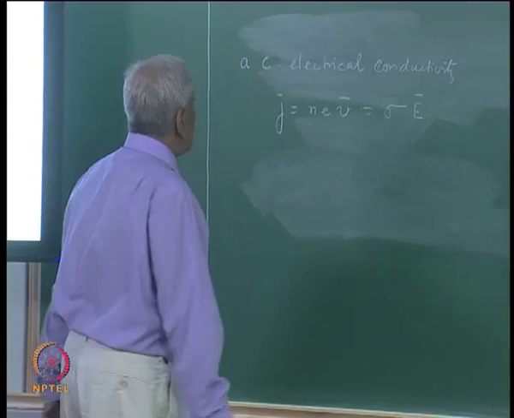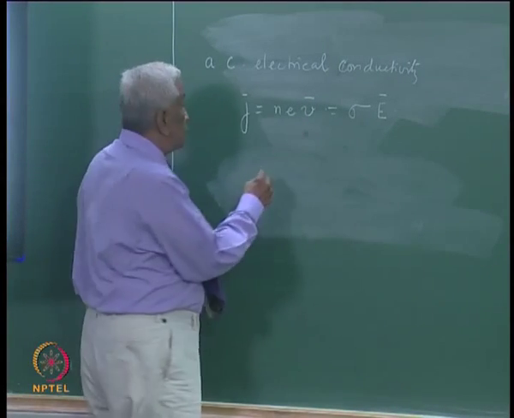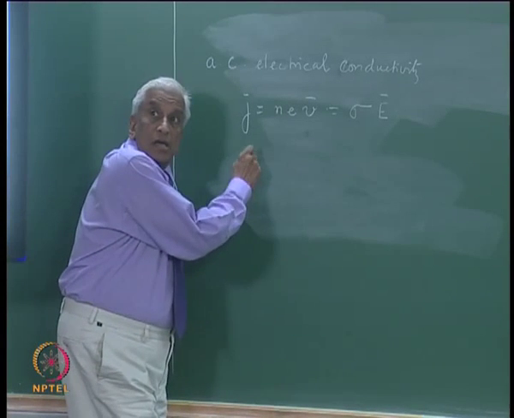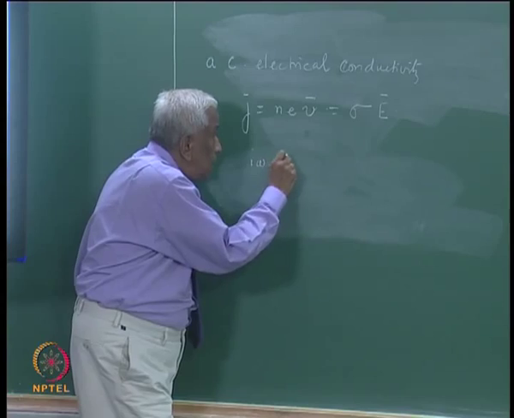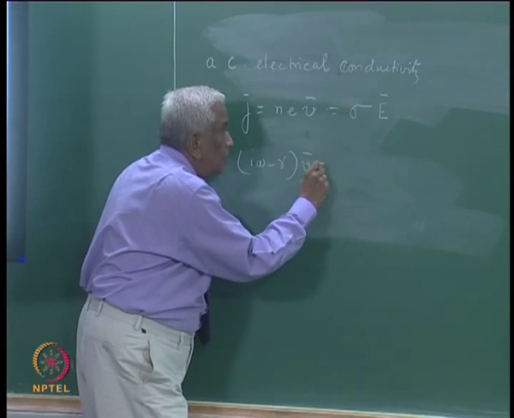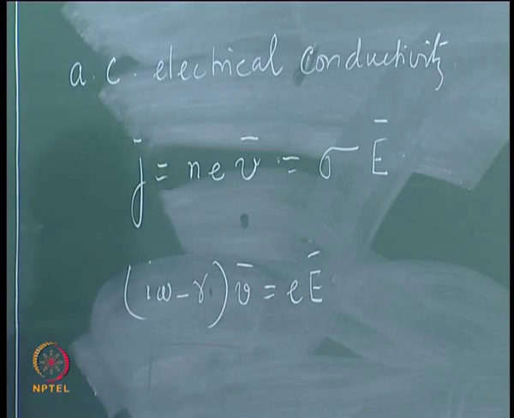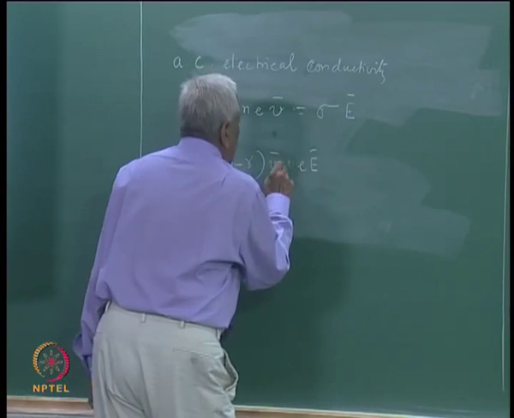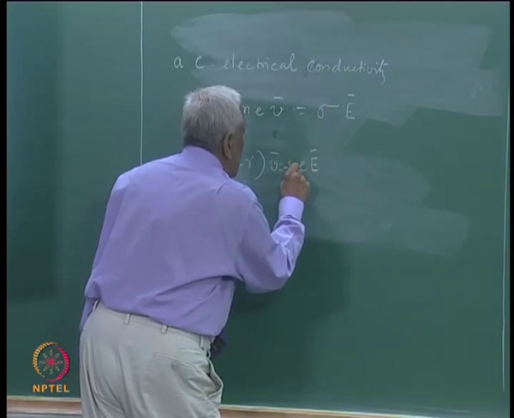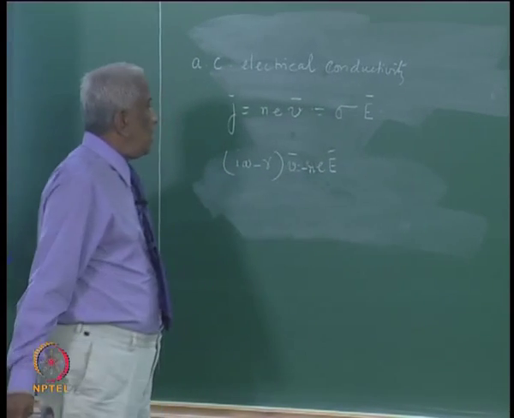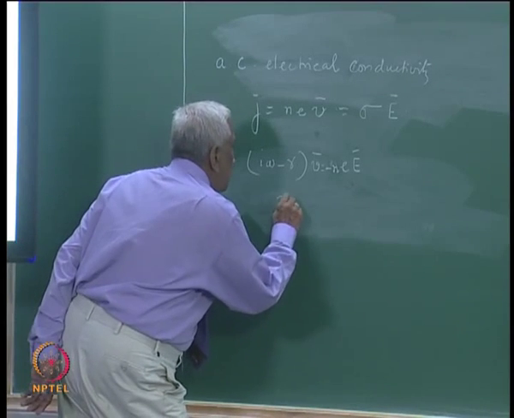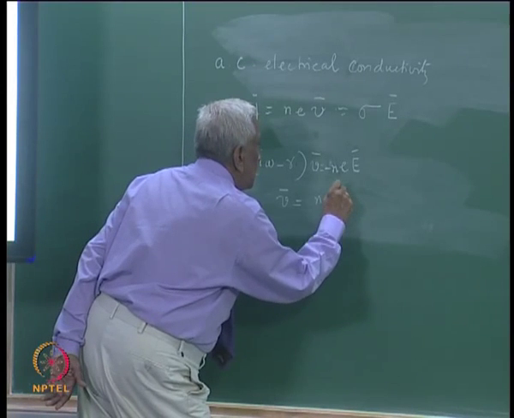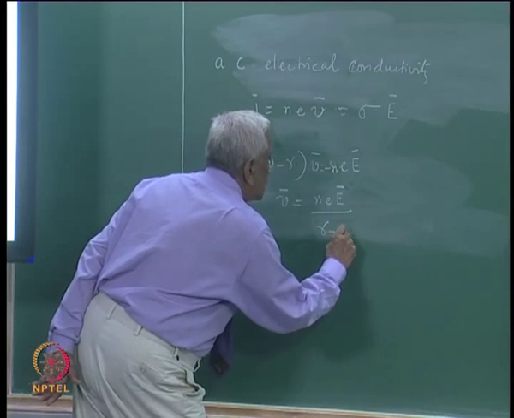And the equation for V, the velocity, is minus i omega minus gamma times V equals e E, to take into account the sign of the charge, minus N e. So, this means that V is n e E by gamma minus i omega.